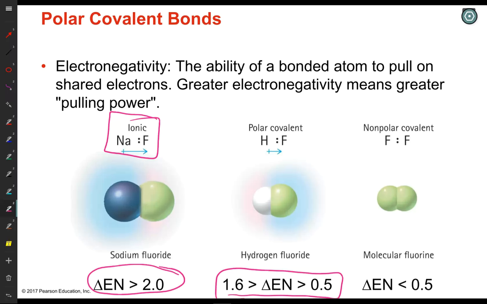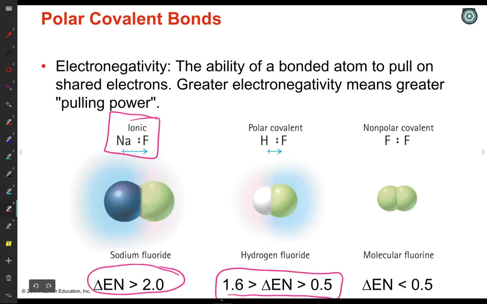Polar: one side is going to be more positive, one side more negative. And if the difference is less than a half, then it's going to be non-polar covalent. Remember, we learned about electric dipole moments. Well, that's where they're going to come from, naturally occurring when you have a polar covalent bond or an ionic bond. Those are polar compounds.